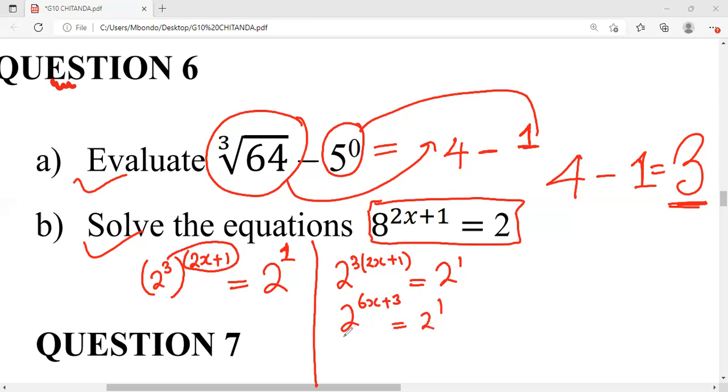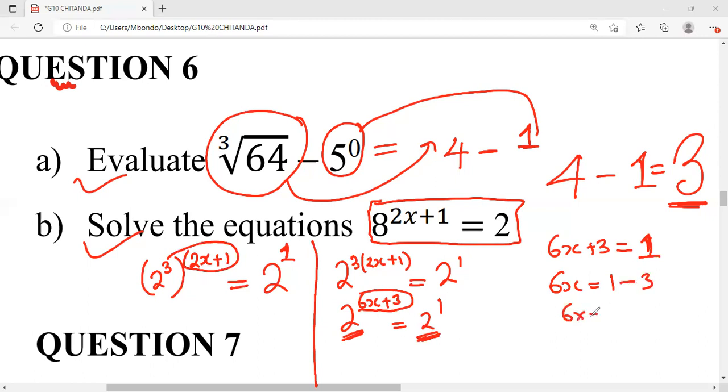Then at this point now, we have the same base like I was telling you. When the base is the same, we equate the indices. So we are going to have 6x plus 3 is equal to 1. Then we solve this as a linear equation, which will be 6x is equal to 1 minus 3.